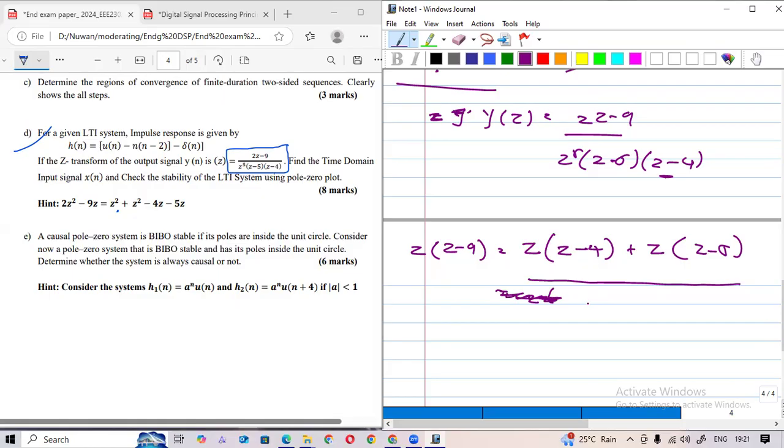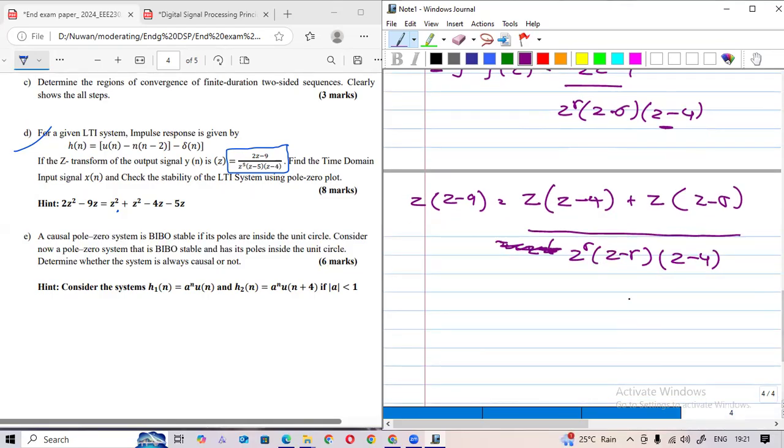And here you will have z squared, z minus 5, z minus 4. So maybe you can write this like this, because this is a plus here. By taking the common denominator, you can write it like this: z(z minus 5) plus z(z minus 4), over (z minus 5)(z minus 4).